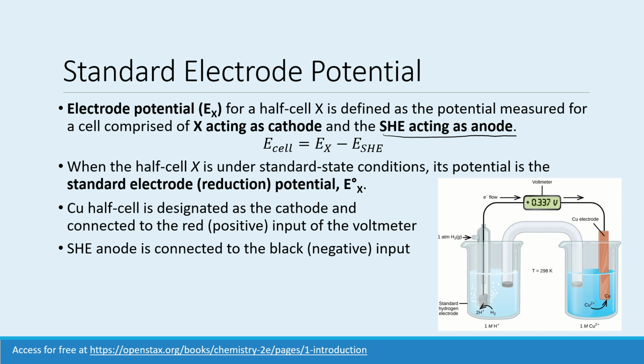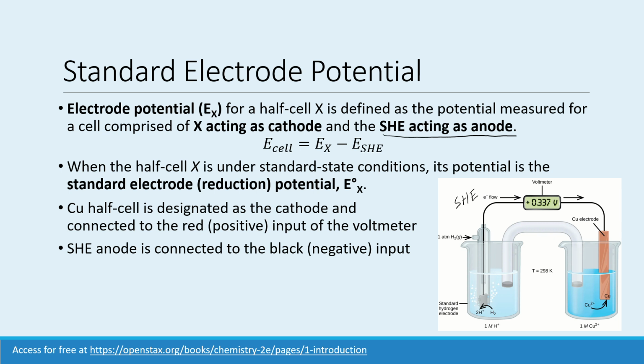So in this picture here, you can see that you've got your SHE on the left-hand side, and then the reaction of interest, the copper and copper 2 ion half reaction, happening on the right-hand side.